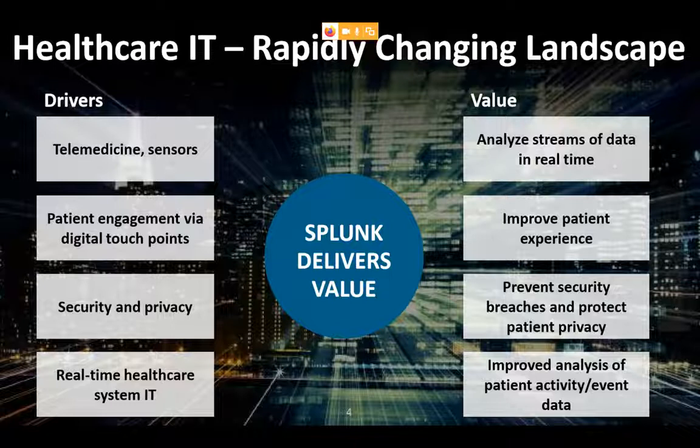We can monitor those devices from the patients' health side as well, and there we can find out how we can improve the patient's comfort.